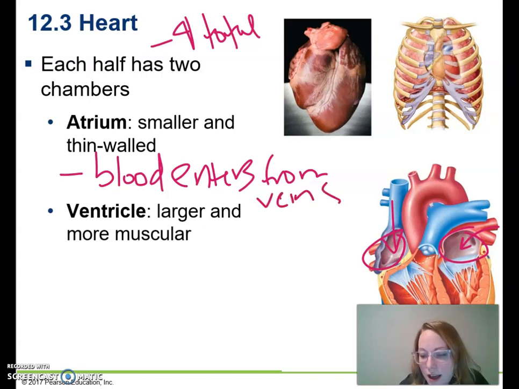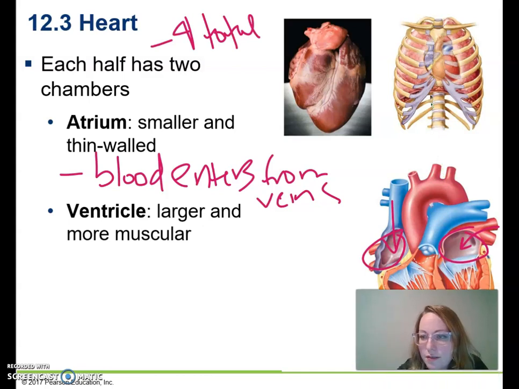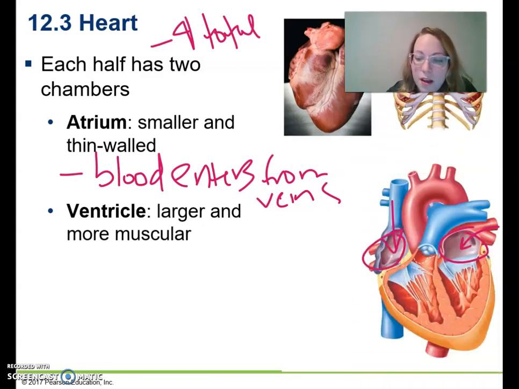Our right side will have blood flowing in from the superior and inferior vena cavas, as well as the coronary sinus from the back of the heart. And the left side of our heart will have the pulmonary veins coming from the lungs with oxygen-rich blood. So blood enters each pump on the top in the atria.